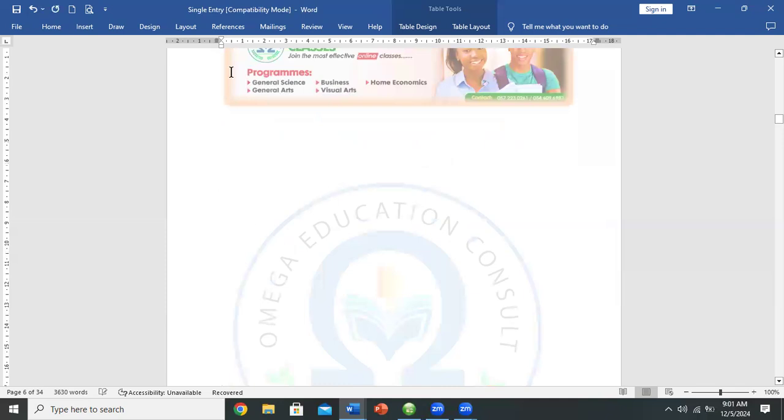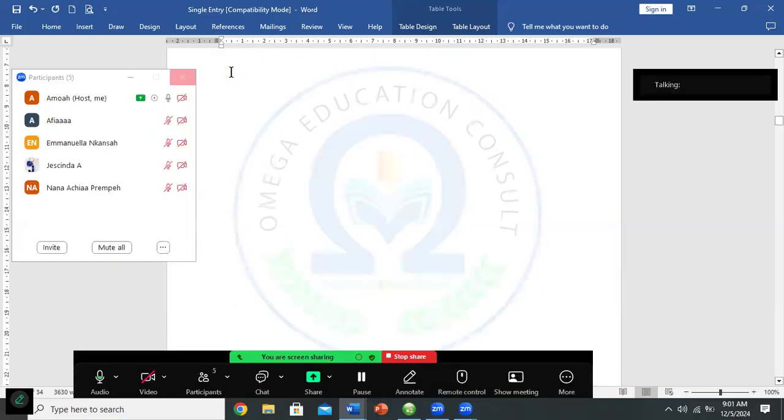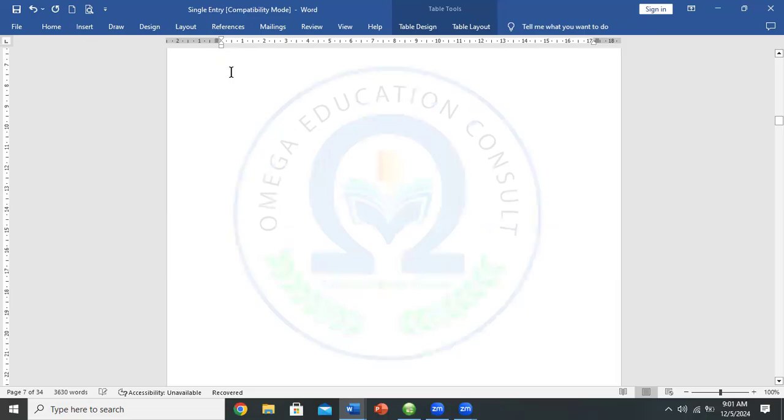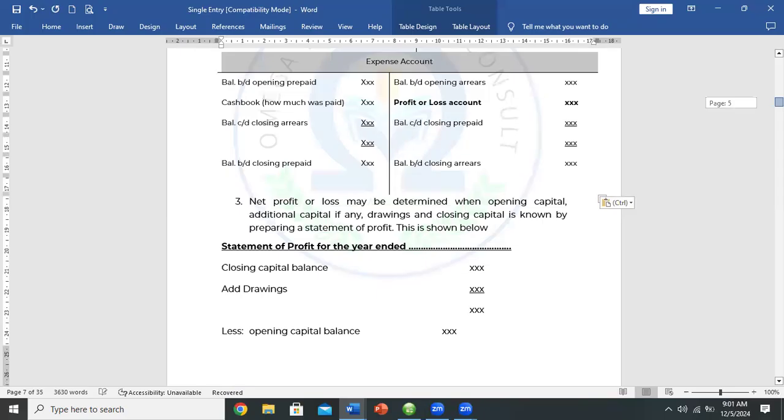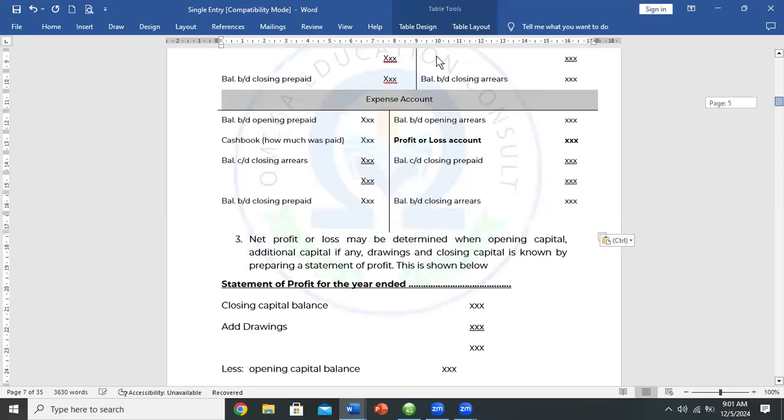Okay, so professors, from the knowledge of the adjustment of sole proprietorship final accounts, I want to believe you all remember that expenses owing are liabilities and expenses prepaid are assets. Do my professors appreciate that concept?